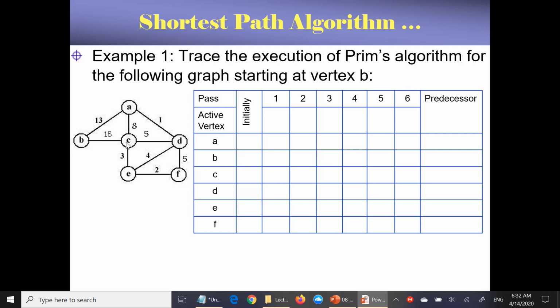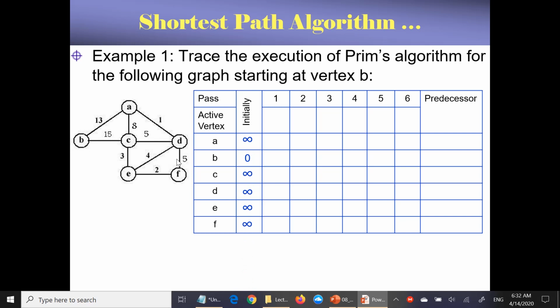Just what is the weight of the edge from C to E. That's the only difference, as it will become clearer as we solve the example. So let's start. Initially, of course, as we did with Koskas, the cost of the starting vertex will be set at 0, and all the others will be infinity.